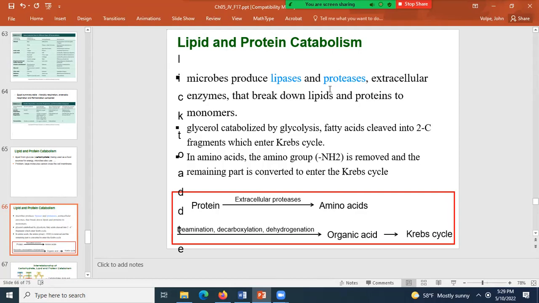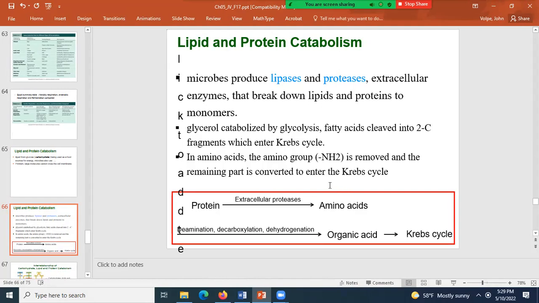For proteins, it'll be amino acids. And that's the same way that we digest lipids and proteins. We digest them extracellularly, outside the cell, and then bring the monomers inside the cell.